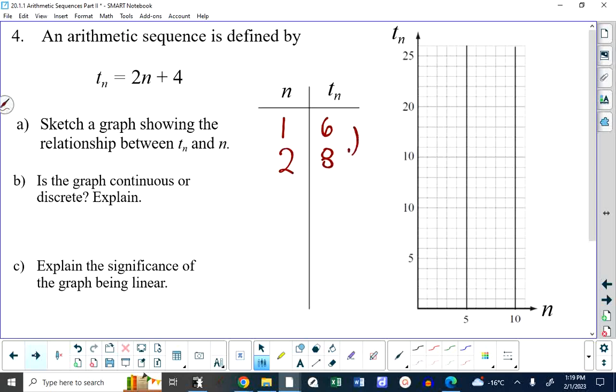To how many of you does it make sense that it's going up by 2 each time? Why is it going up by 2 each time, Aoki? The common difference is 2. How do you know the common difference is 2? By looking at the equation.